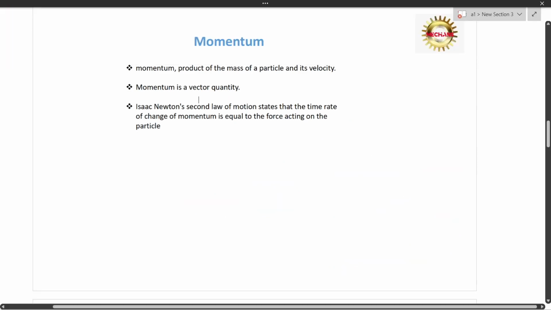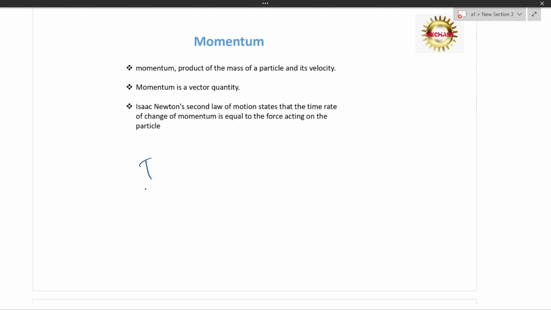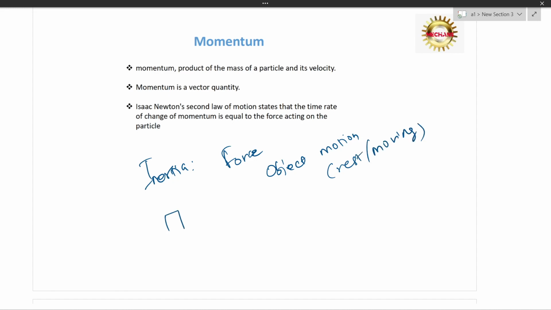Here I want to explain another term called inertia. So what is inertia? It's the tendency against a force applied to change an object's speed or motion. It may be either at rest or moving. If an object is at rest and you want to change its state of rest into motion, then we have to give a force.